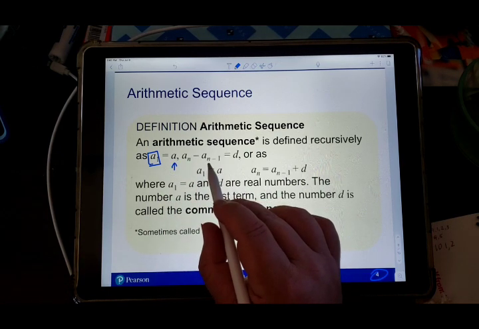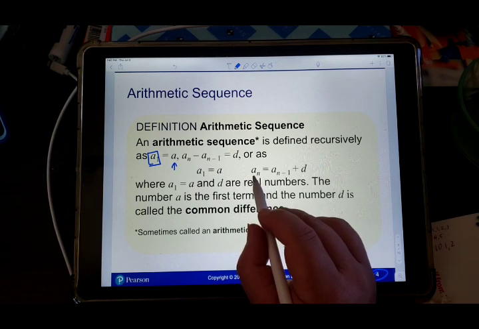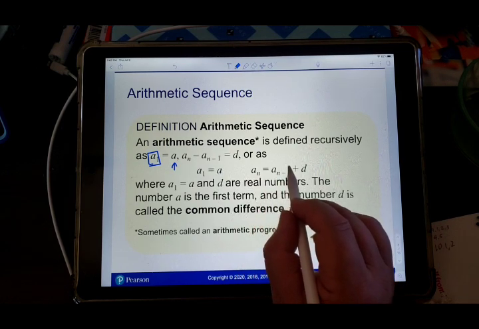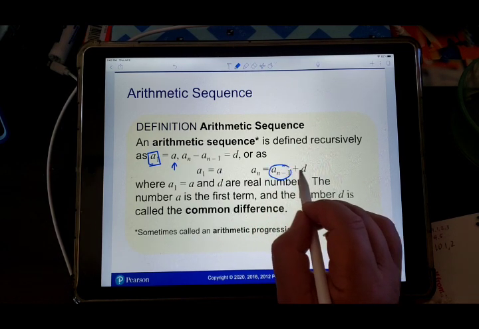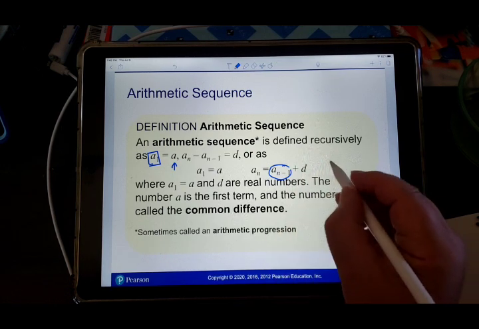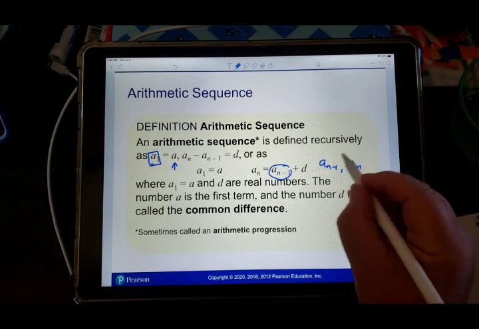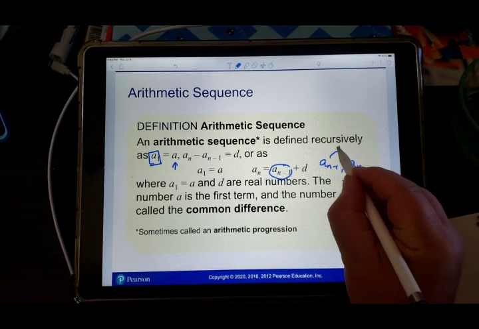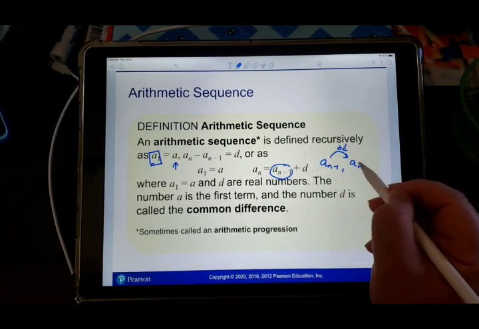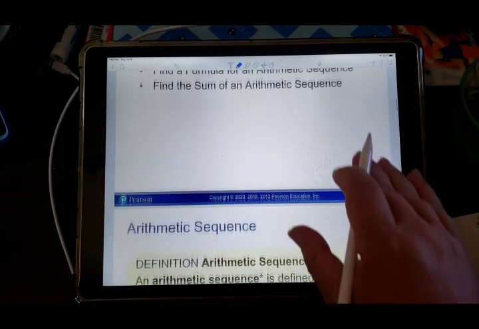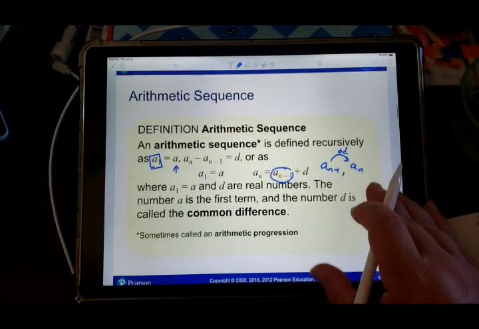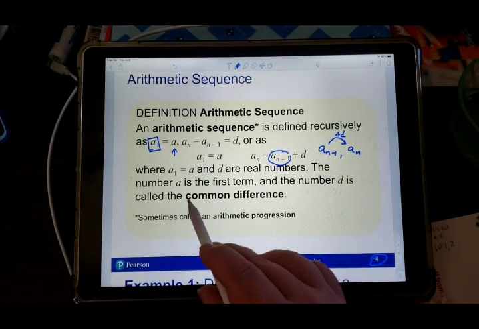And then what else we know is, let's look over here, a sub n equals the previous term plus d. So if a sub n minus 1 is the previous term, how do I go from here to a sub n? Well, I add d. That's the whole point of what I showed you earlier. And again, we call d the common difference.